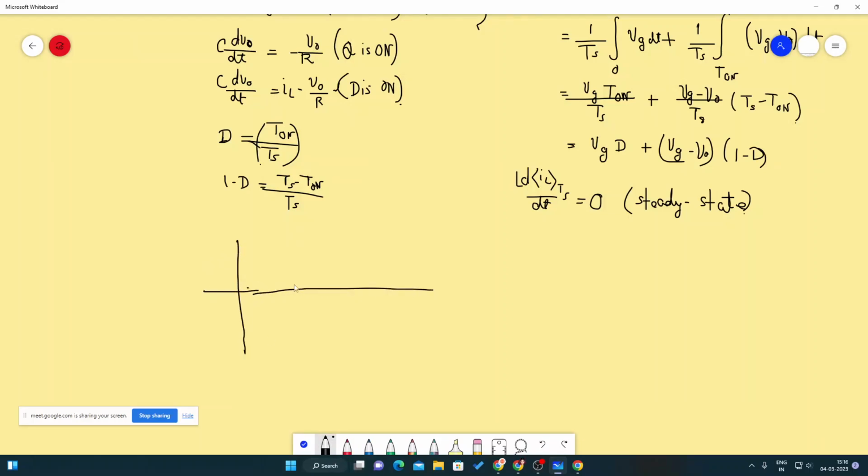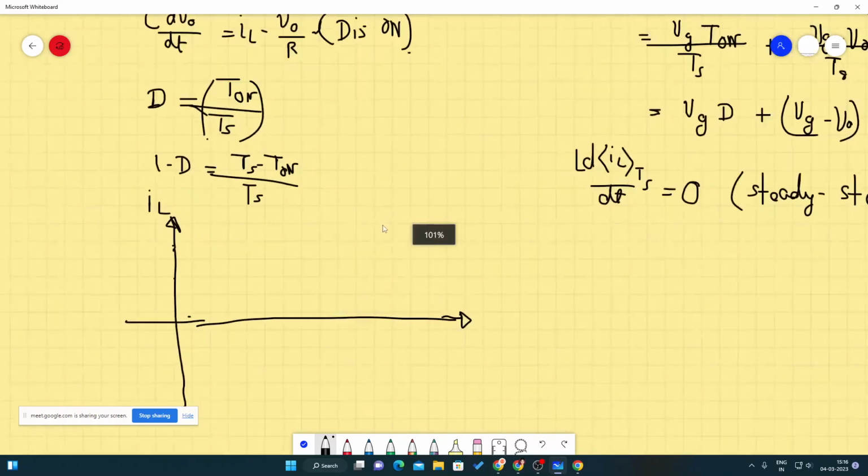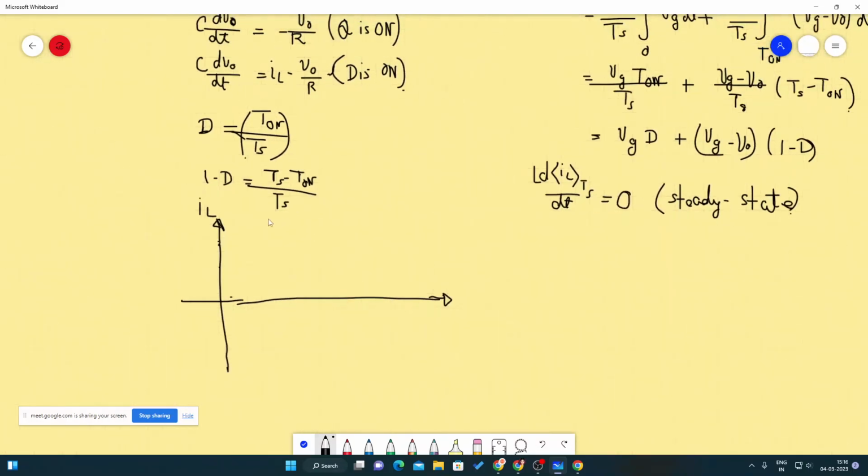What I'm saying is, let's say the inductor current IL. Initially Vg was across the inductor, so the current has risen to some value. So this is the time t on, and again it has settled down, and again it will rise from the Ts point.